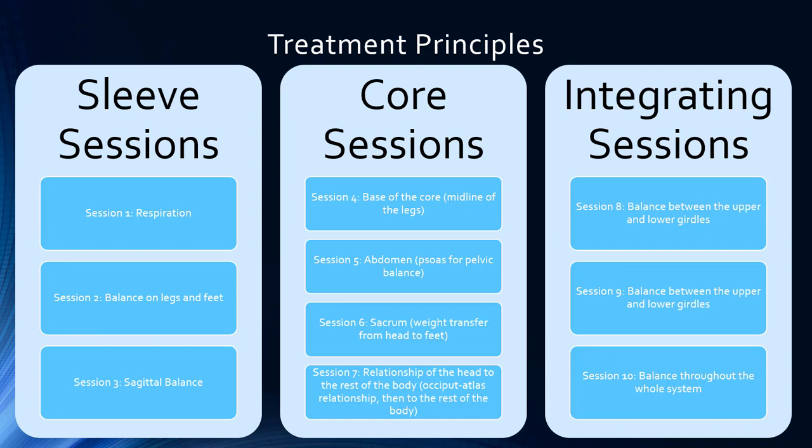Sessions 4, 5, and 6: release the deep fascia closest to the spine and balance the pelvis and back structures. Session 7: balance the head and neck. Sessions 8, 9, and 10 are integrative sessions where superficial, middle, and deep fascial layers are worked with and integrated.